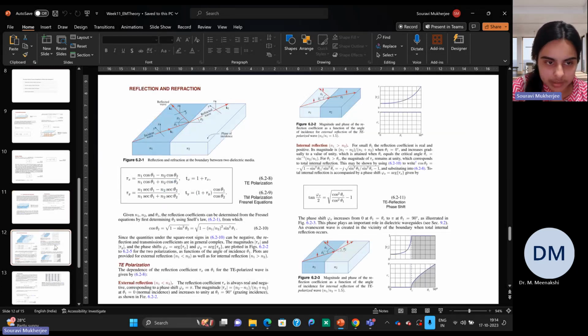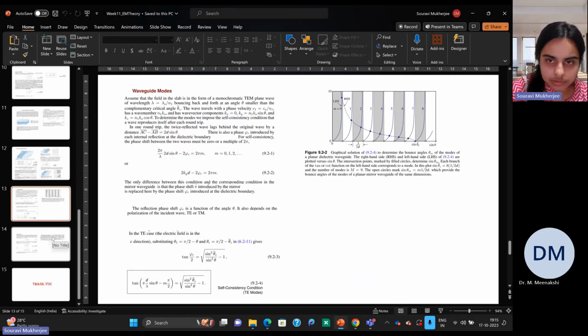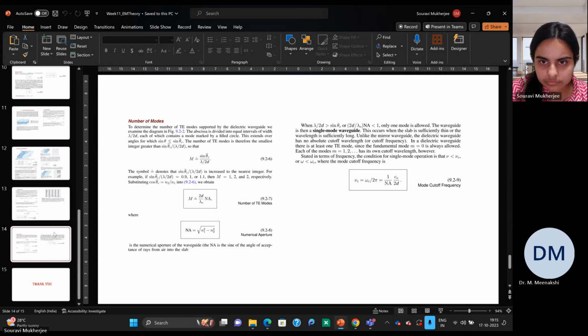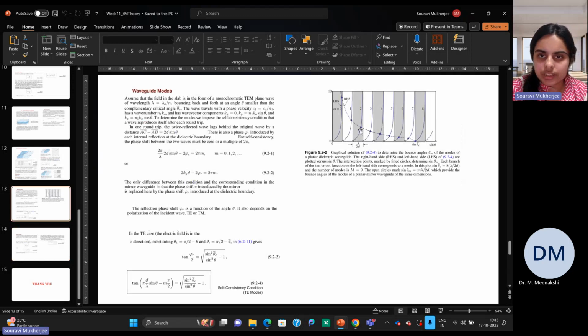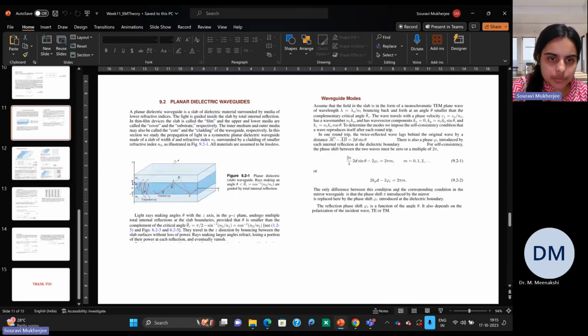Now, the question that you asked is based on this relation. For a single mode waveguide, if you look at this expression here, you would see that there is a self-consistency condition that always has to be satisfied. Which tells us that if your wave is propagating like this, then after two reflections, the wave that you get here is the same as the wave that you had started with at this point.